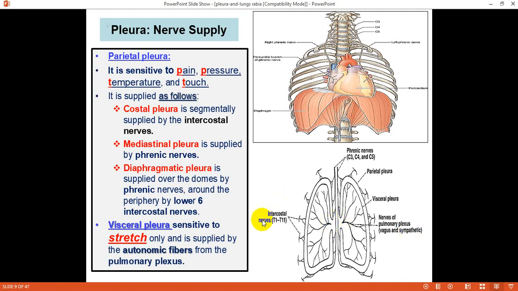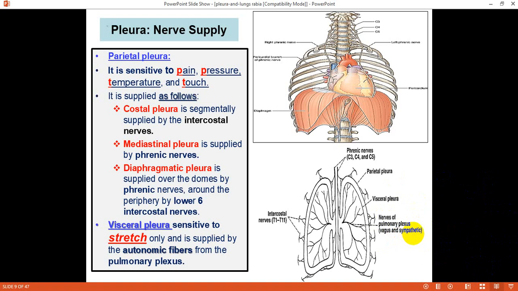The parasympathetic nerve fibers are coming from the vagus nerve, which is the 10th cranial nerve, and the sympathetic fibers are coming from the sympathetic ganglia of the paravertebral chain of the sympathetic trunk. The ganglia T2 to T5 are basically participating in this plexus.